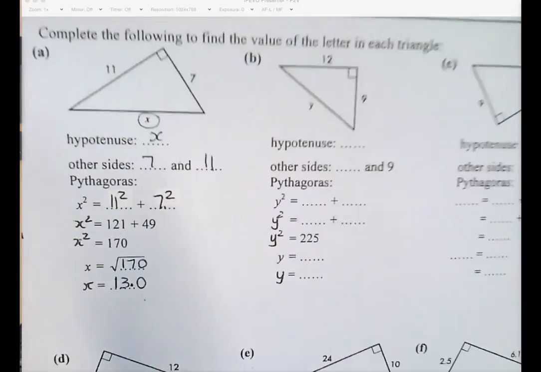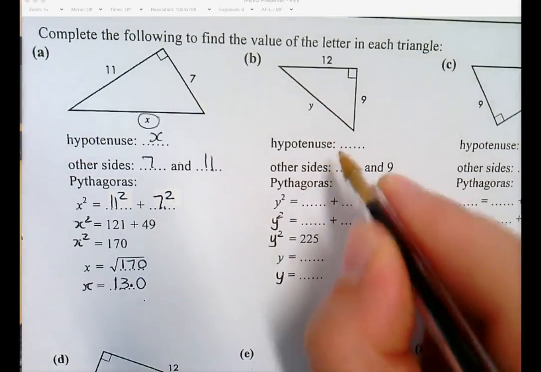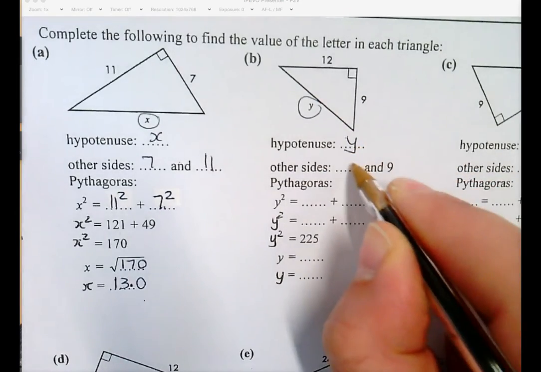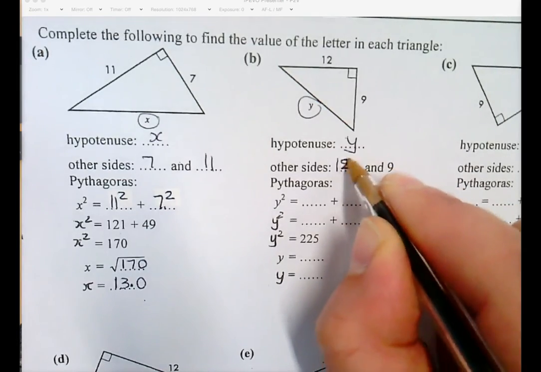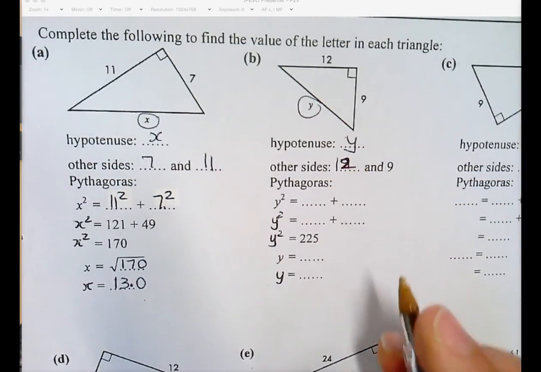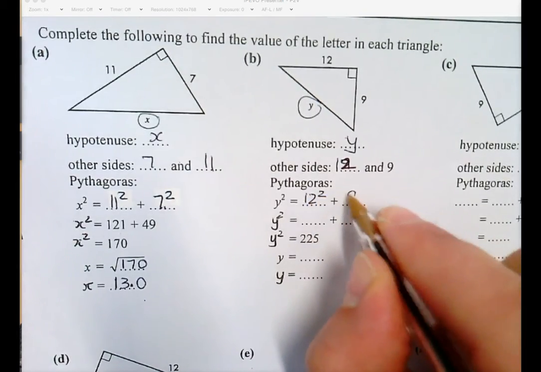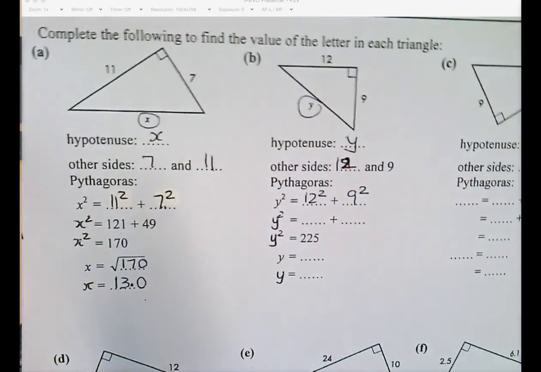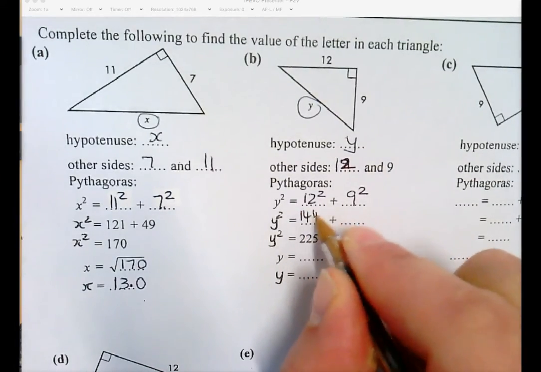Let's try the next one together. What's the hypotenuse for the next one? Y. What are the other sides? 12 and 9. So how do we write it out? Y squared is 12 squared plus 9 squared. If you do 12 squared on your calculator, you get 144.